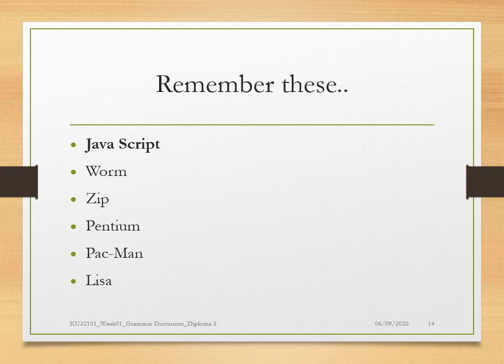Now for this exercise, I want you to go back again to the question in the first video about the vocabulary. There are 5 vocabularies over here, and have a look at this.